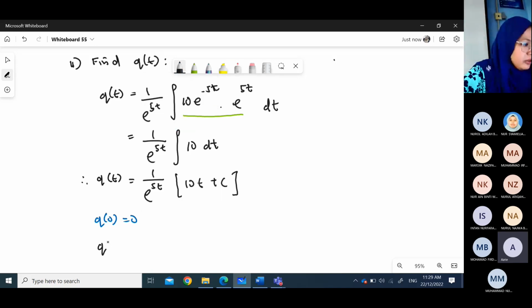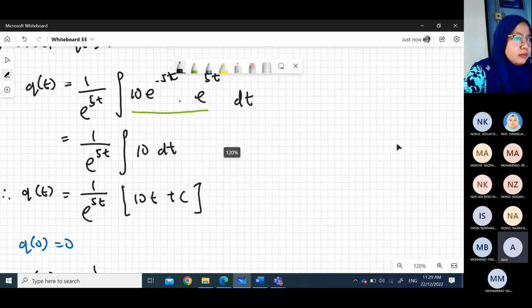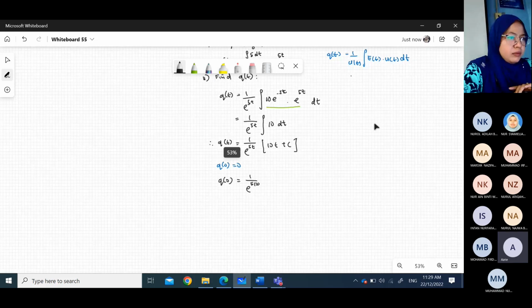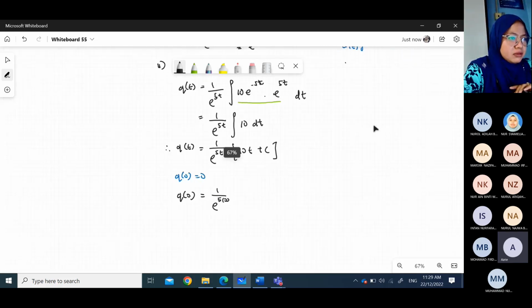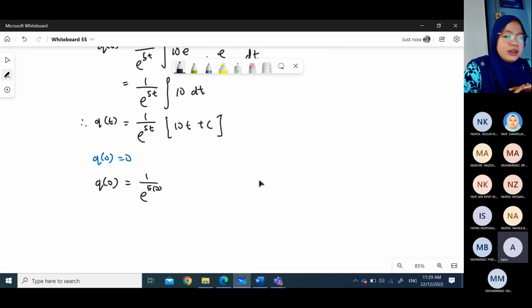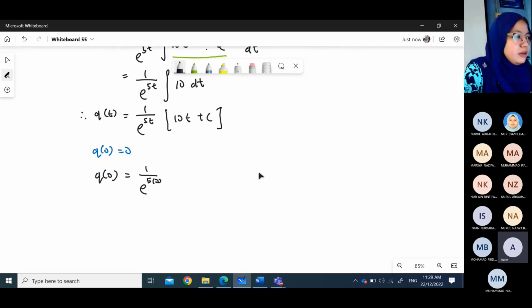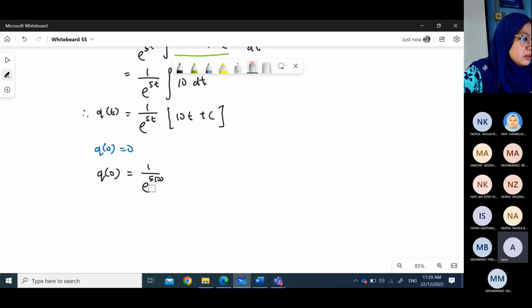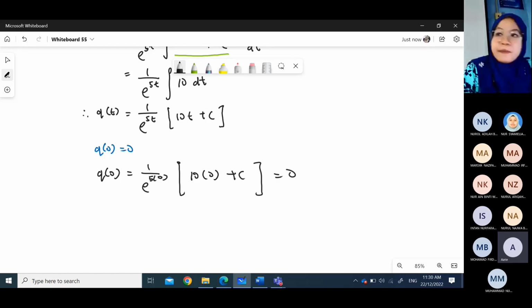Okay, so now we have Q at 0, 1 over exponent 5 times 0 multiply with 10 times 0 plus C equal to 0.